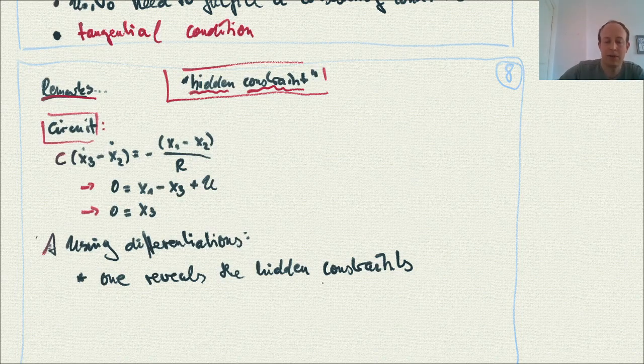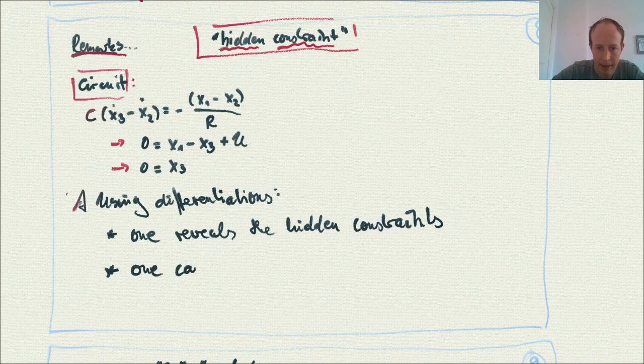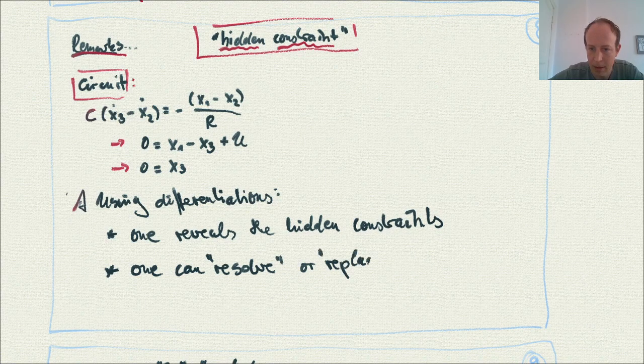One finds all these constraints that are necessary for the initial conditions, and what one can also do is resolve or replace the constraints.